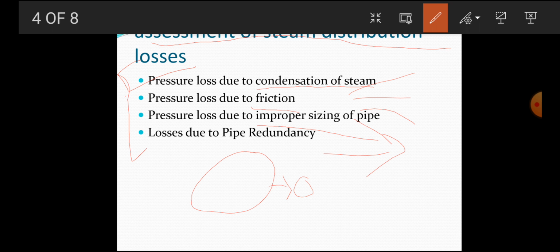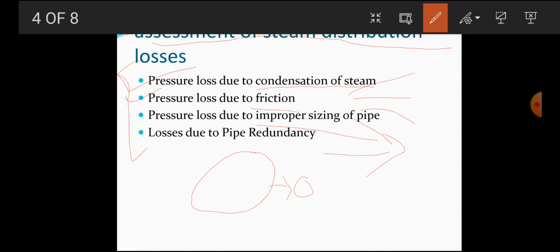Then loss due to friction. The working pressure of a steam distribution system depends on two factors: one is the boiler pressure, the working pressure of the boiler, and the other is the minimum pressure required at the plant.